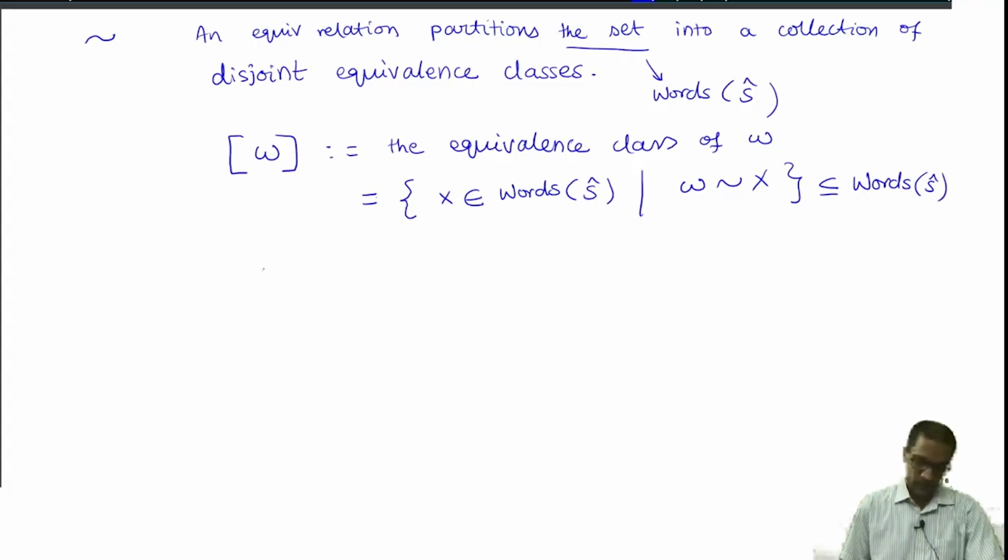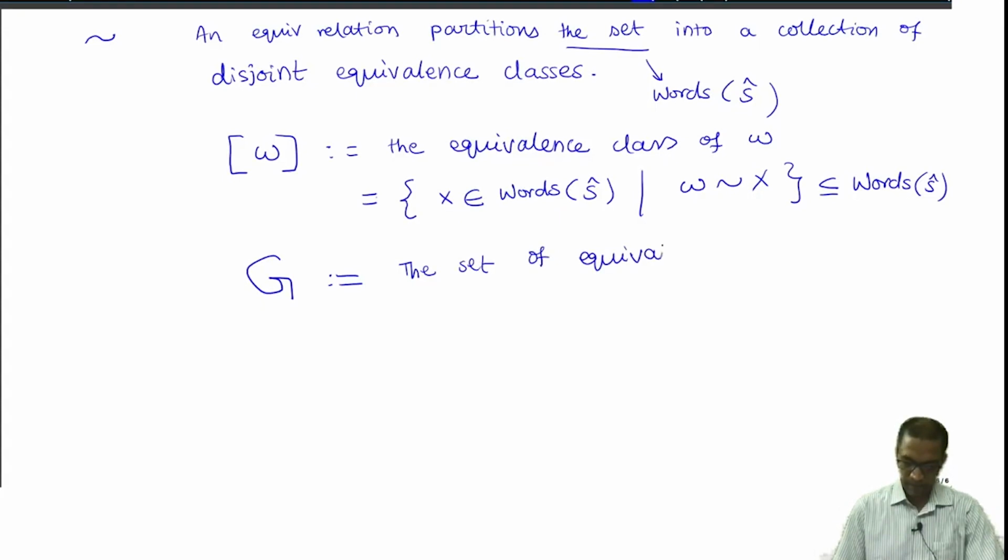Now here is the important definition. Let's call this set G, the set of all equivalence classes. So G is the set of equivalence classes for this equivalence relation tilde that we have just defined.